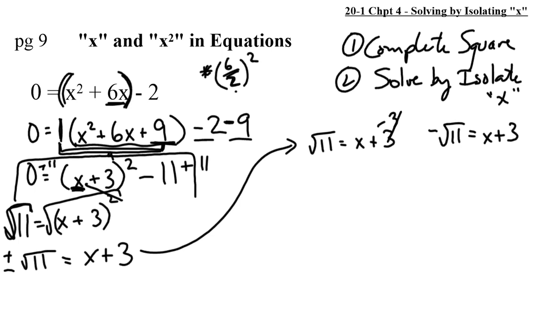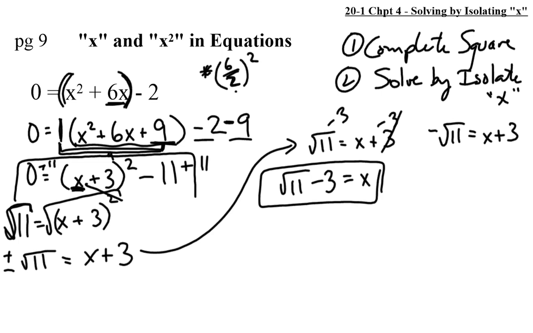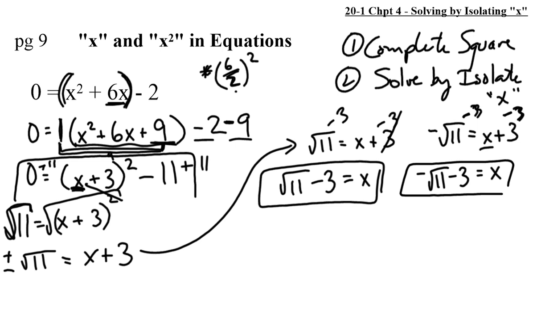Get x by itself. Root 11 minus 3 is one possibility for x. And in the second situation, to isolate the x, subtract 3, and we get negative root 11 minus 3 equals x. Either is acceptable. Either is correct.